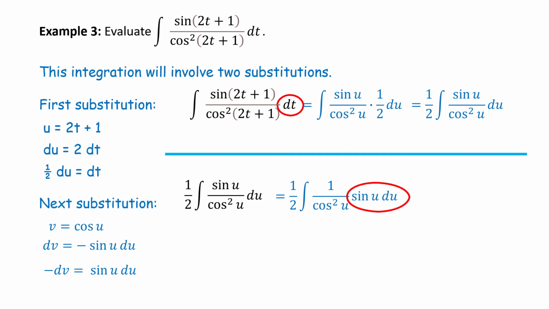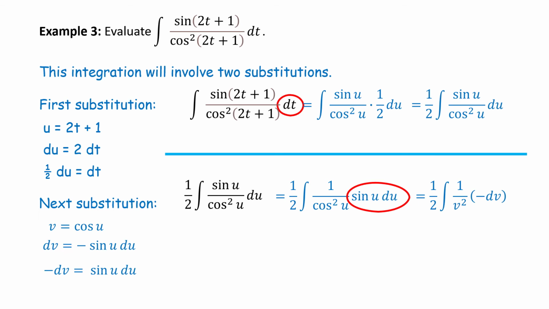We'll make our second substitution. Every term that's expressed in terms of u, we'll replace in terms of v. This will result in 1/2 the integral of 1 divided by, where cosine u was, we just put in v. That's v squared. And sine u du in terms of the variable v is negative dv.